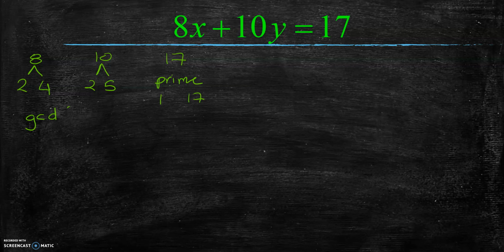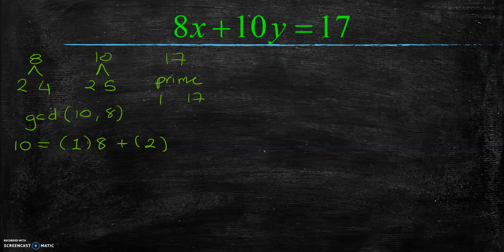So the GCD of 10 and 8, and we're going to set 10 equal to some number times 8 plus a remainder. 8 goes into 10 just one time, and we would have a remainder of 2.